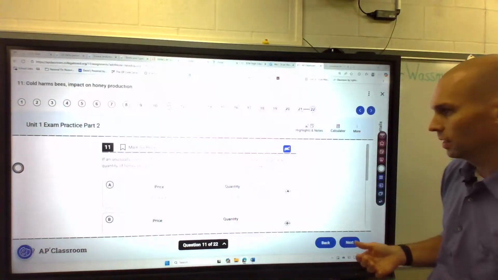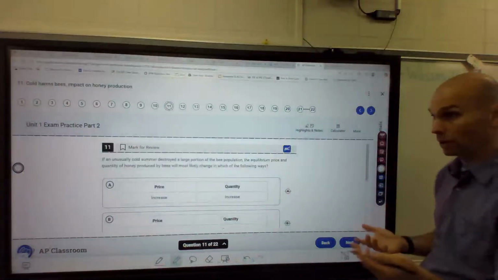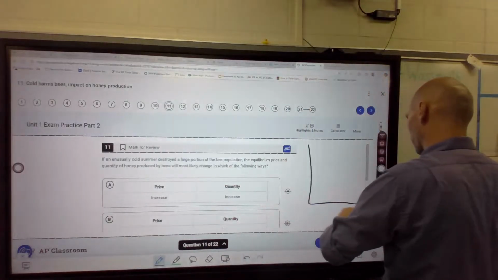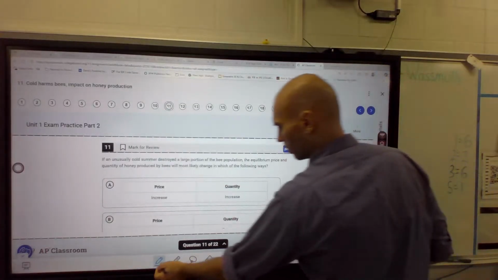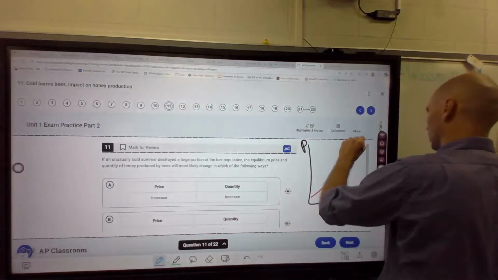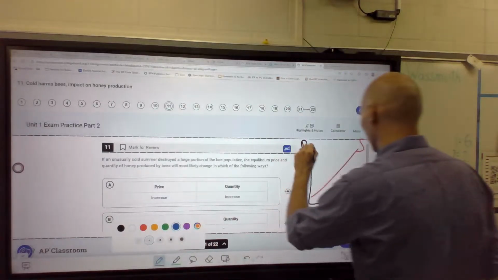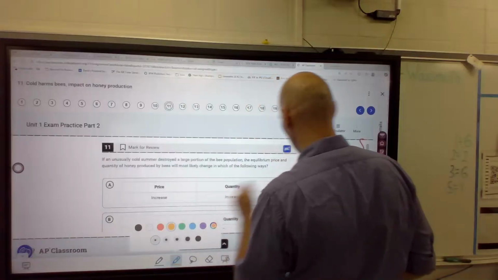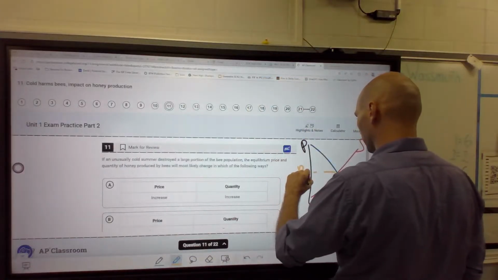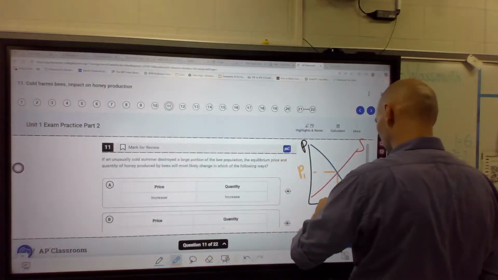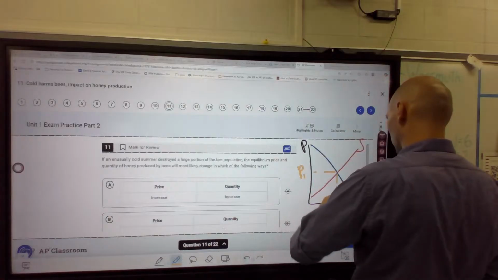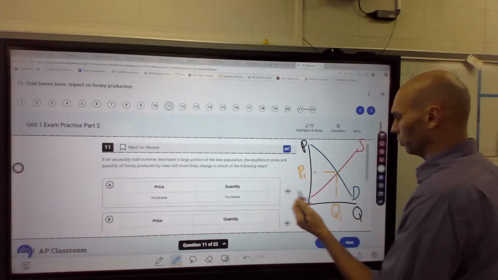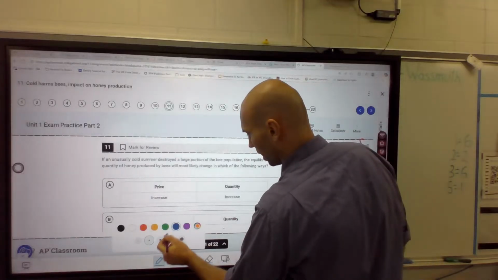Okay, so if we graph it out, and I strongly recommend that you do, and just to keep ourselves honest, what's going to happen when we decrease supply?